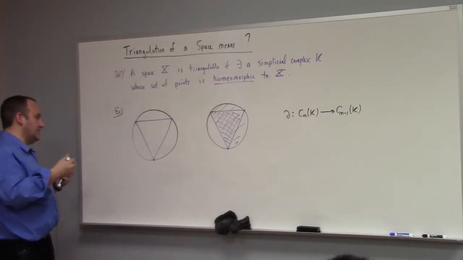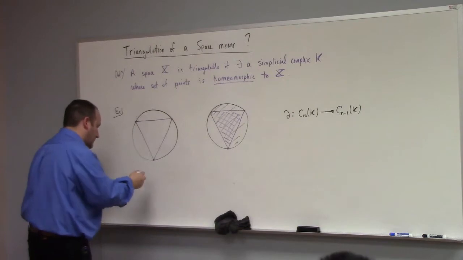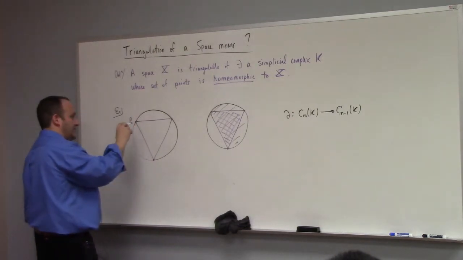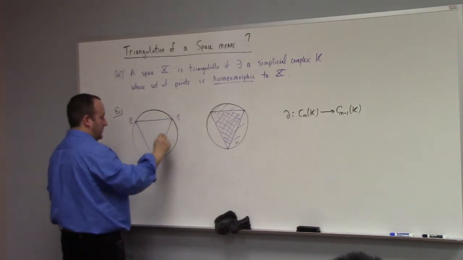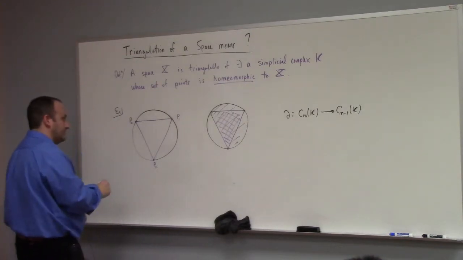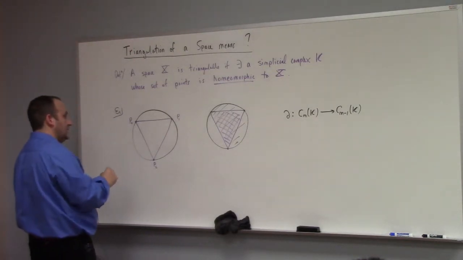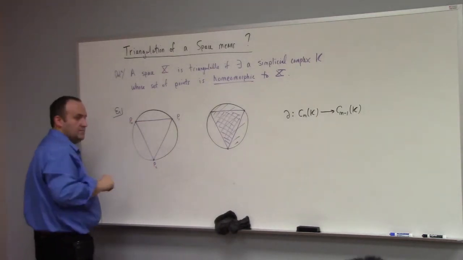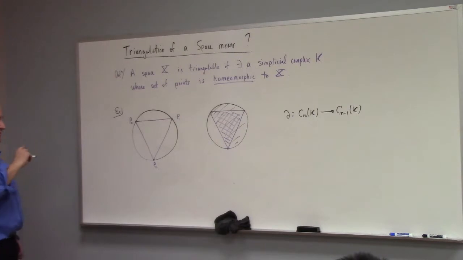In other words, you could use P0, P1, P2, those vertices and the edges, the one simplices which connect them, that would form the non-trivial simplices which triangulate the circle.